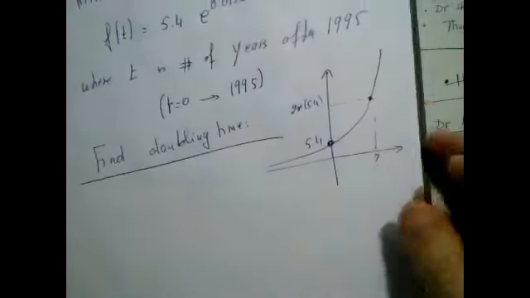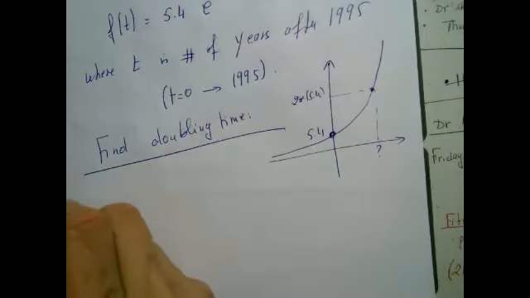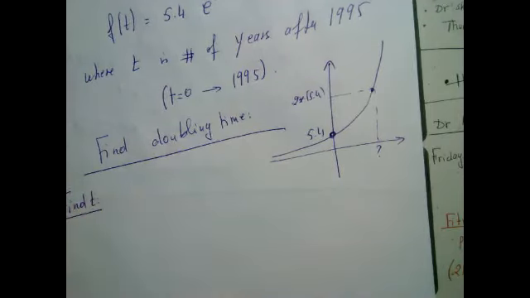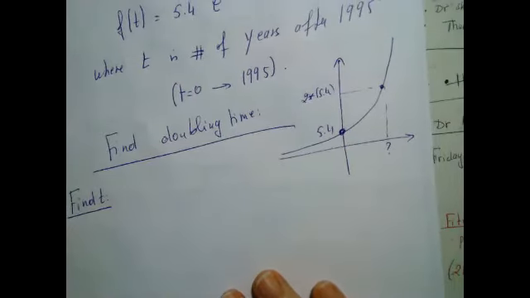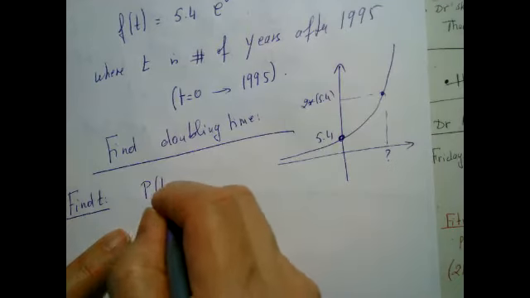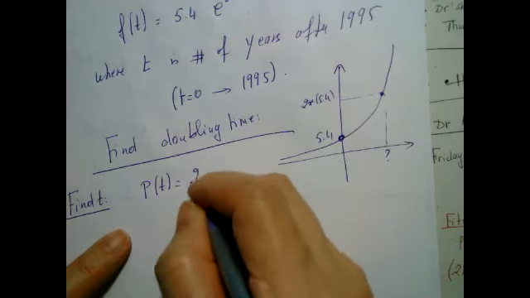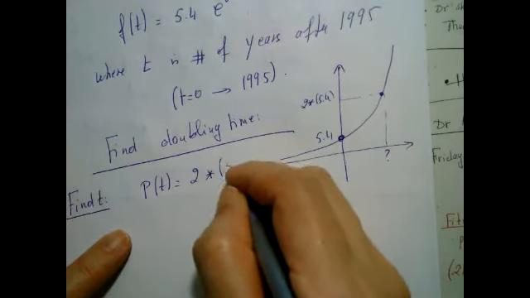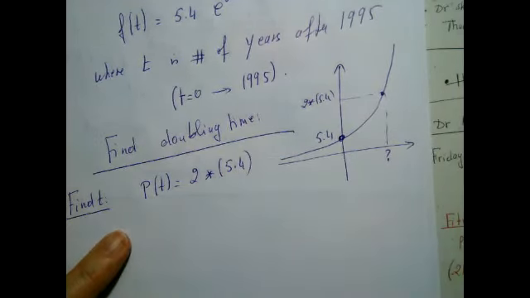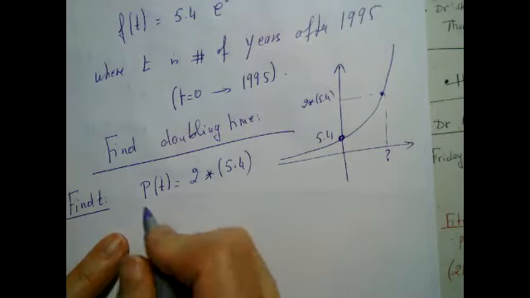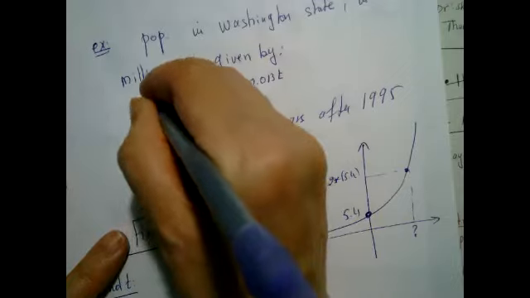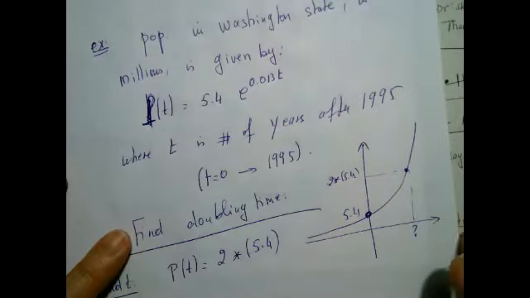Okay. So what do I need to do? I have to find t such that the population is twice the initial population. Now I can set p. I use p and f because I like to use p for population, so I'm going to stick to p.